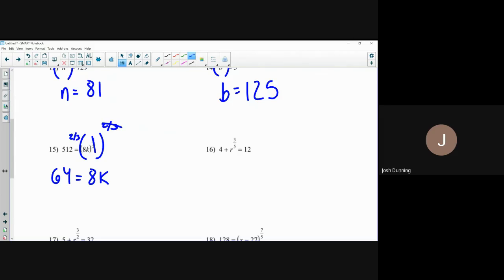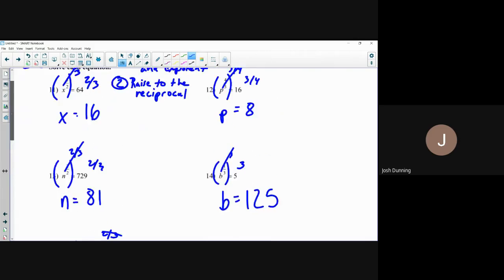But since we have that K there, if there's anything else in parentheses getting the exponent, you have to cancel it out at the end. That hasn't happened yet, so here we'll divide by 8. I probably wouldn't even have to tell you that, but just to be safe. So we'll go back up here.